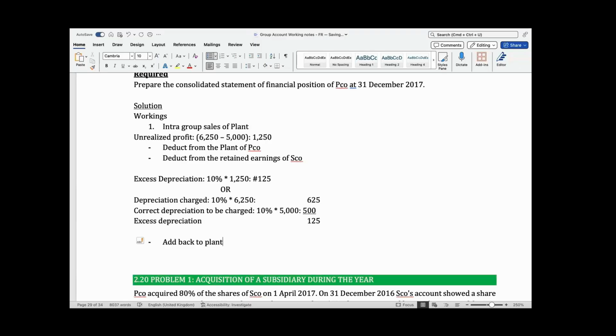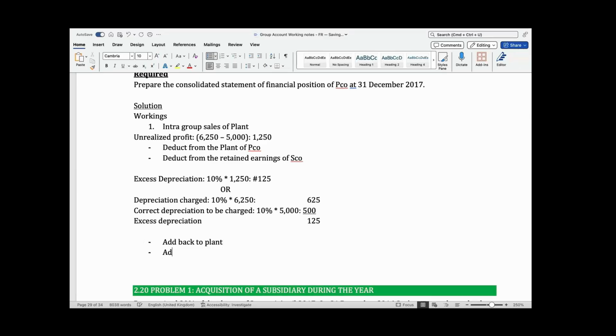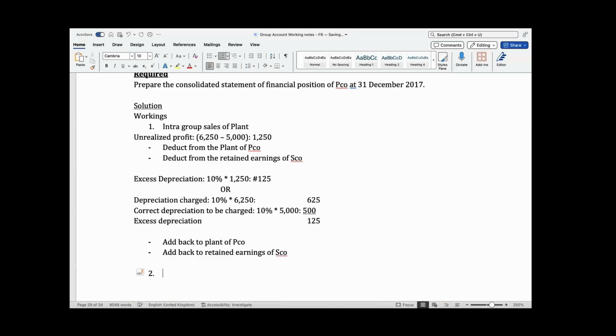He has deducted too much, so we add it back to the plant of Pico. And also, we add it back to the retained earnings of ESCO, the party that made the profit, because he had over deducted expense. And that's that for that. Then we can do our cancellation.